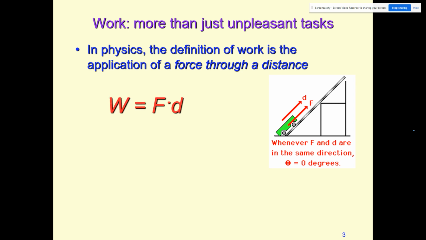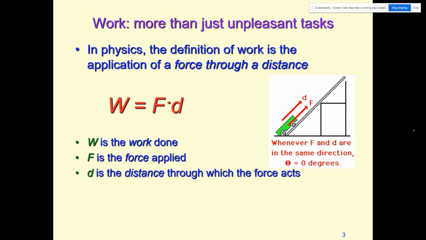We can write it in a formula where W is work, F is the force that's applied, and d is how far that object moved. So you have to actually have some motion or movement to get some work done. If you don't move the object, then you haven't done any work, even if you applied a big force.